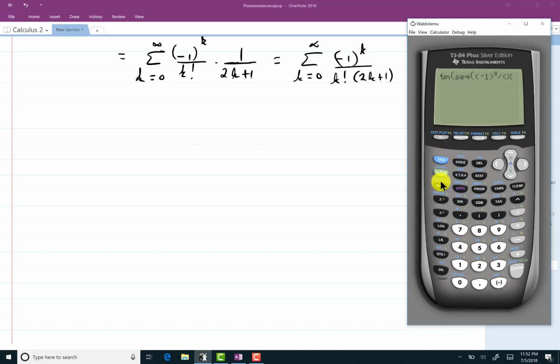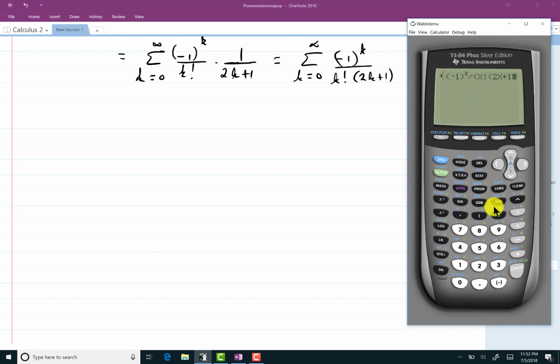And remember where factorial is in the math menu. Go to PRB, choose number 4. Now I have to multiply that by 2x plus 1. Now this one line input is very annoying.